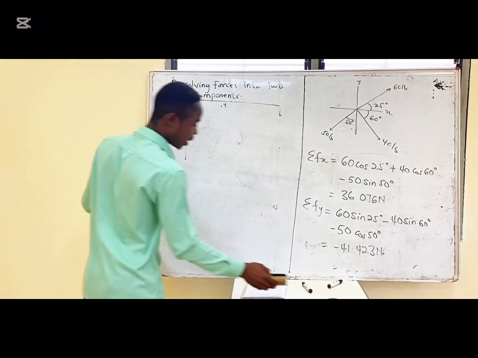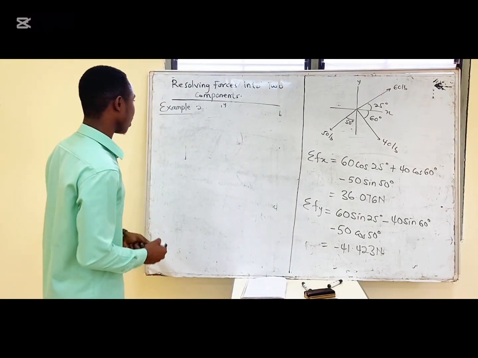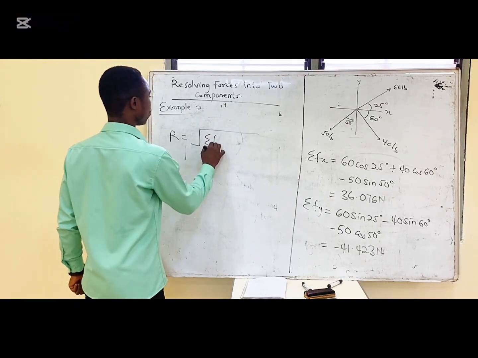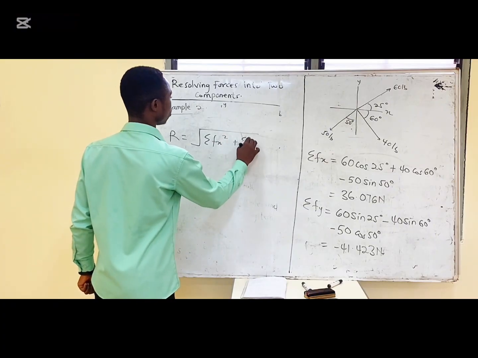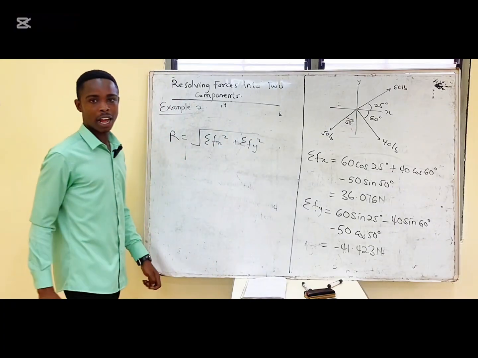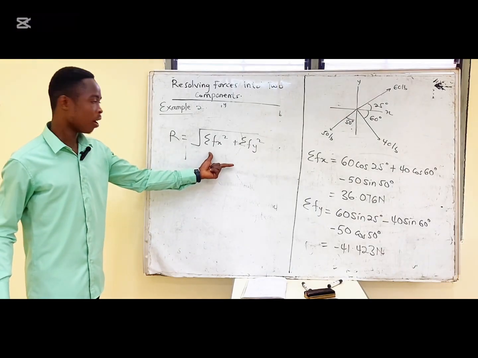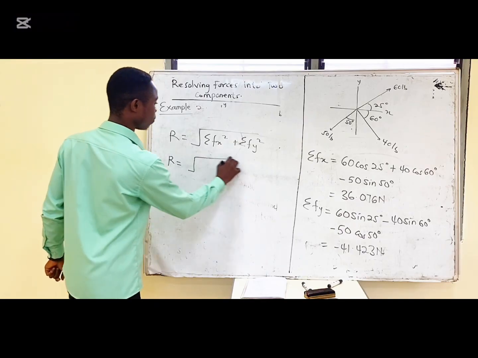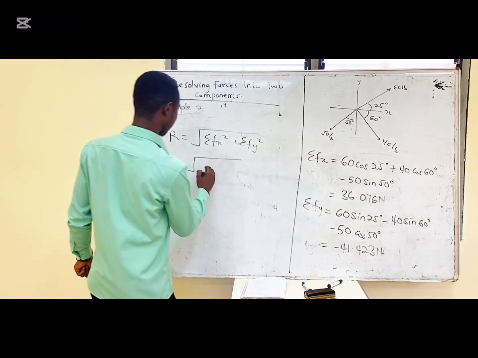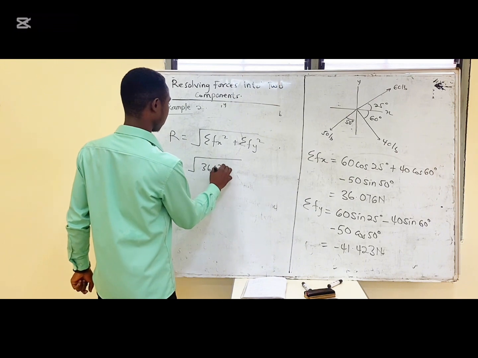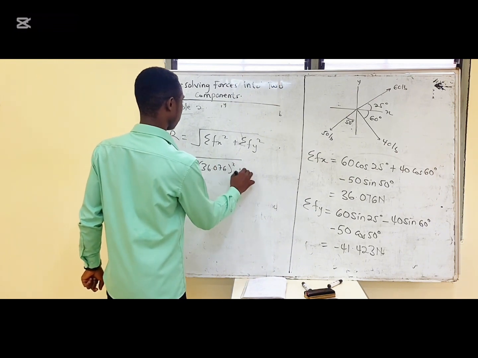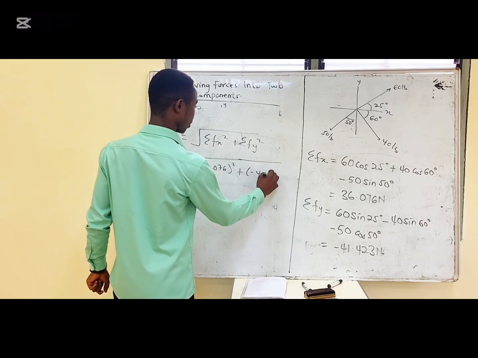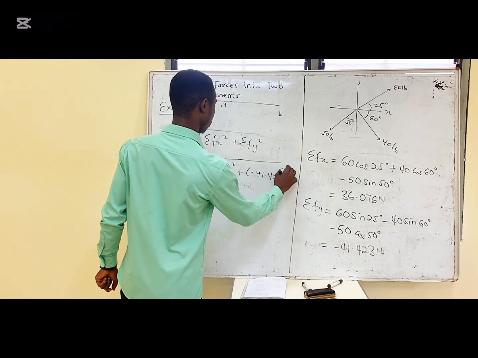Now the question demanded of us to calculate the resultant. R equals the root of summation of Fx squared plus summation of Fy squared. I hope we are familiar with this particular formula. Our R will be equal to the root of the x component, which is 36.076 squared, plus our y component, which is negative 41.423 squared.